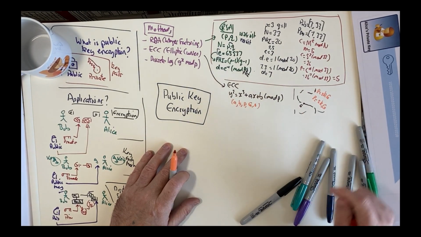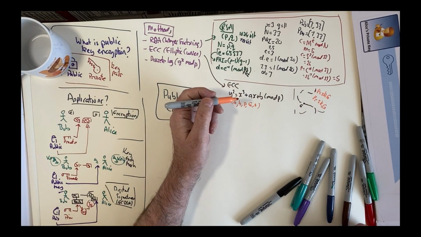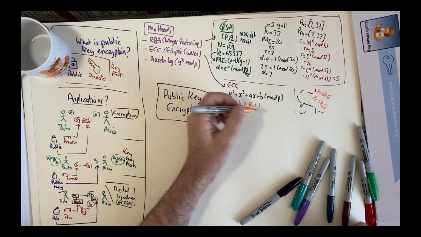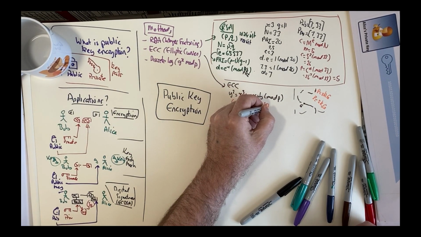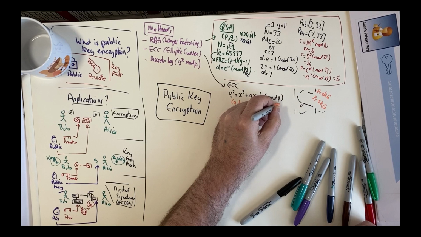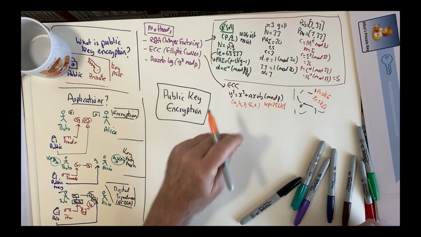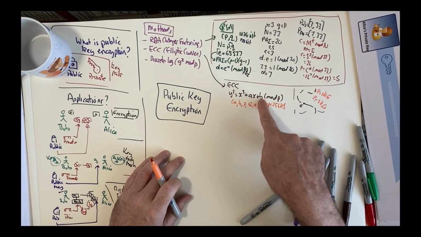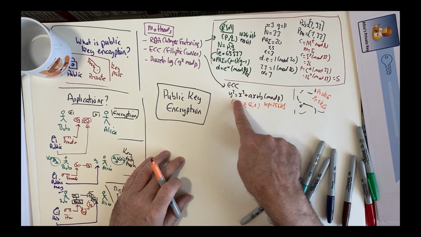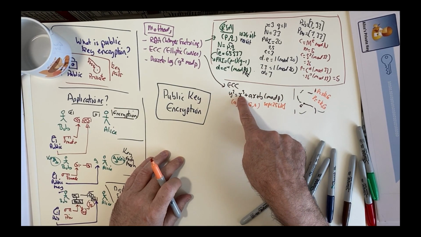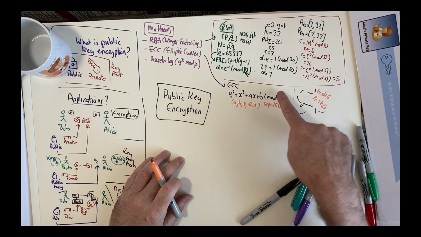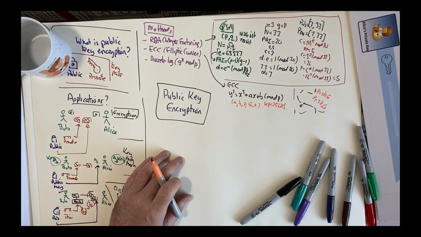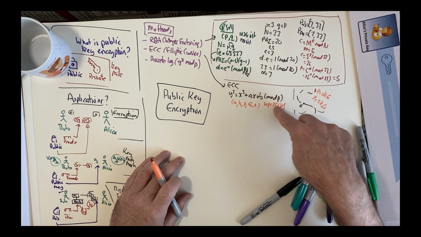A and B are two values. For a very popular curve that's used in Bitcoin and Ethereum, A is 0 and B is 7. So with Bitcoin, it's y squared is equal to x cubed plus 7 mod, and then we have a 256-bit prime number involved.